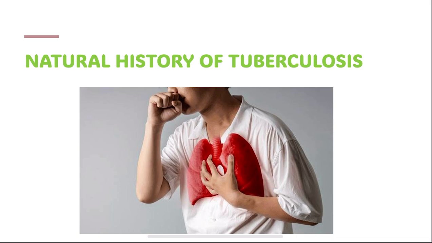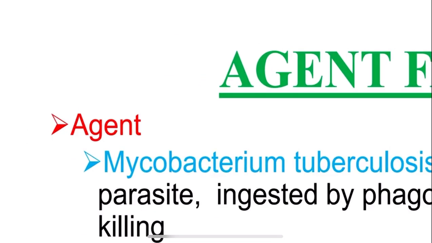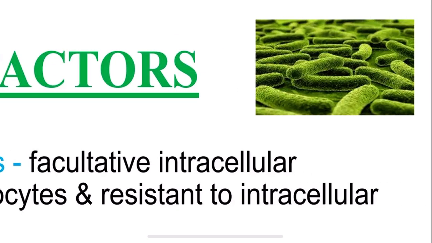Now we move further to the natural history of tuberculosis. To begin with, the agent factor. The Mycobacterium tuberculosis is the agent factor here. You can see the picture of the Mycobacterium tuberculosis. It is a facultative intracellular parasite which is readily ingested by the phagocyte, and it is resistant to the intracellular killing.